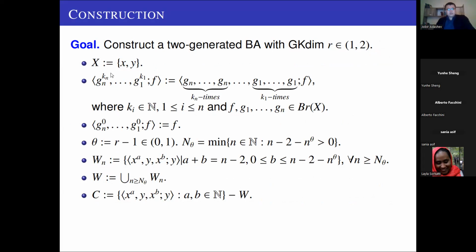This part means here we have k_n copies of g_n. Here g_1 to the power k_1 means we have k_1 copies of g_1. So here we have only one pair of brackets.